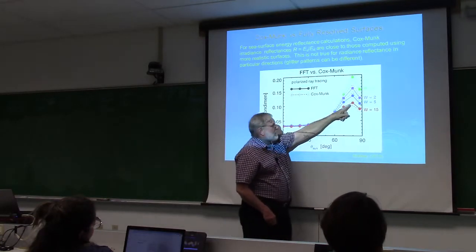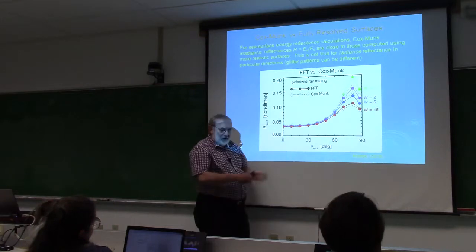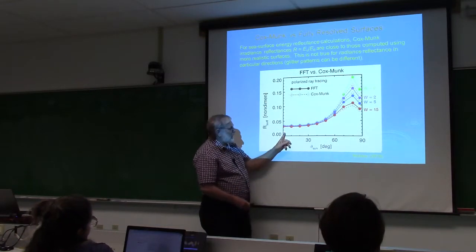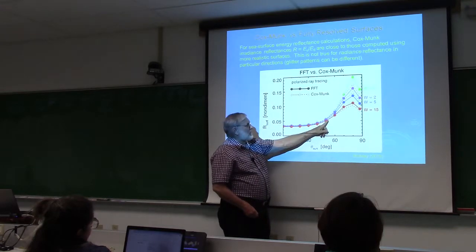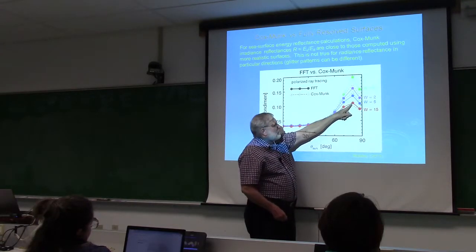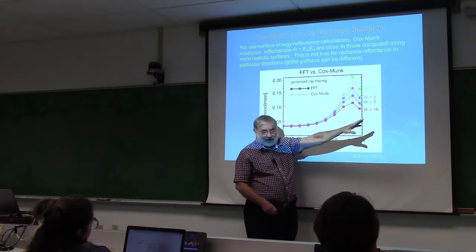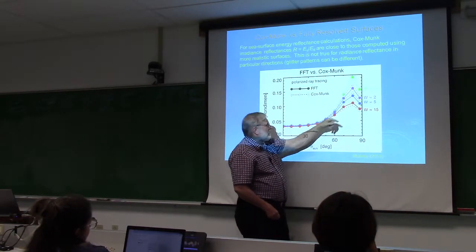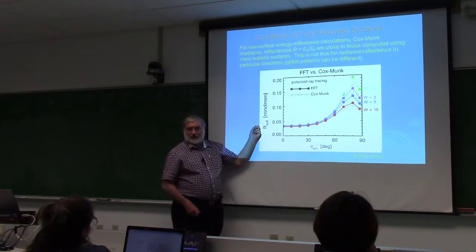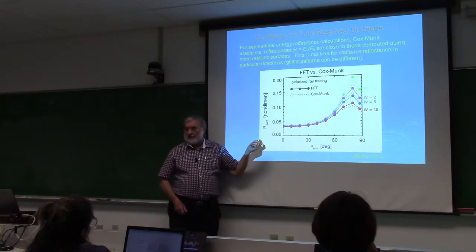For 15, you can see as long as the incident sun angle is out to like 50 degrees or so, there's almost no difference. Then there's a few percent difference if the sun's at like 80 degrees, but having a few percent difference in irradiance reflectance is the least of your problems in oceanography.